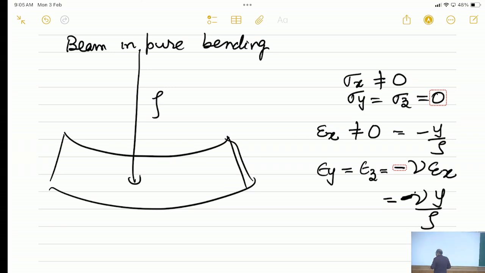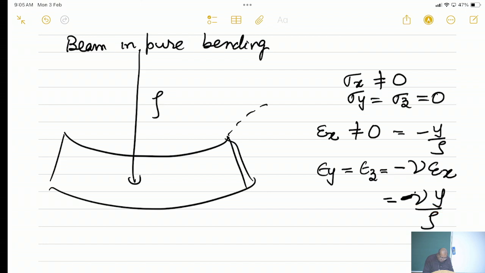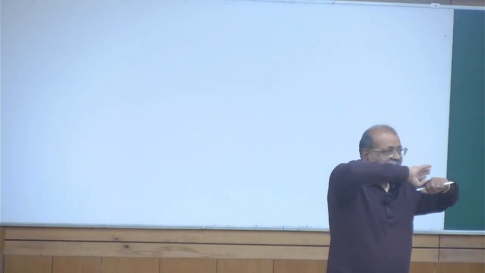Now, if you look at the z direction, while the beam is curved like this, if I look at this section in the z direction, then in the z direction also there will be a curvature. The top part, which is decreasing in the x direction, will increase in the z direction.